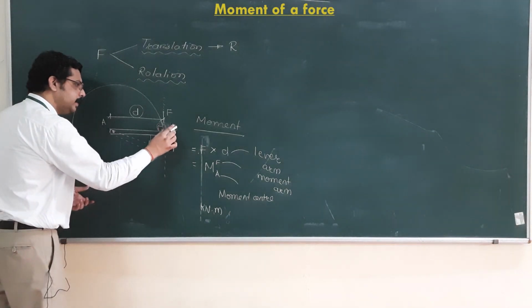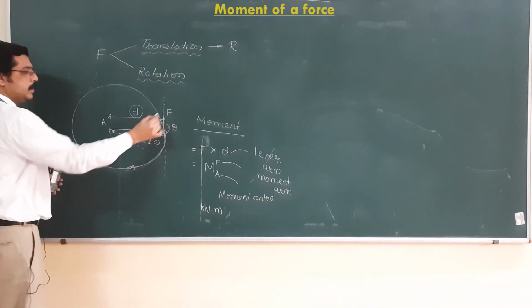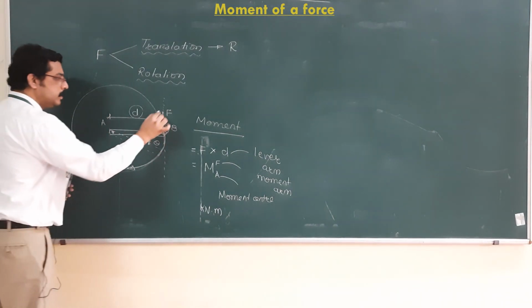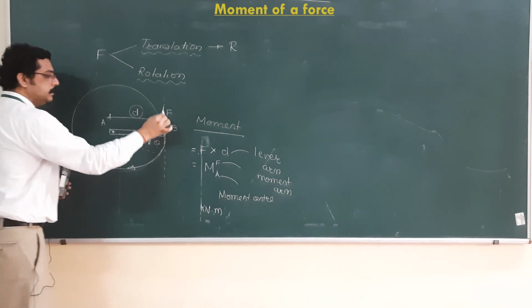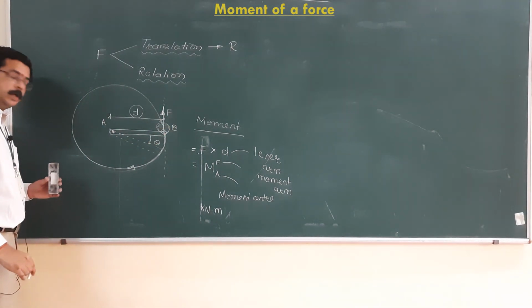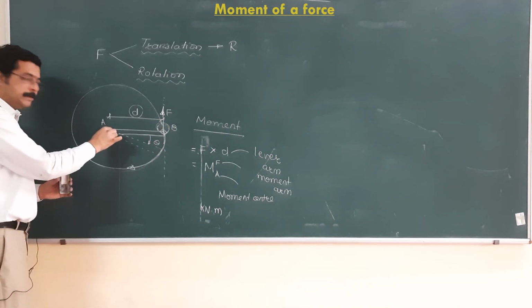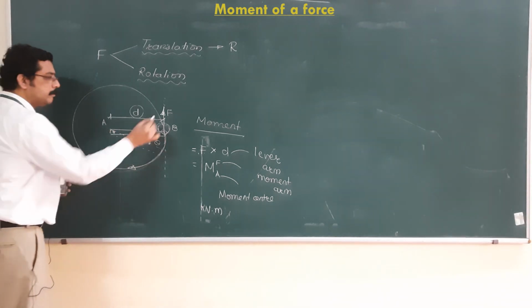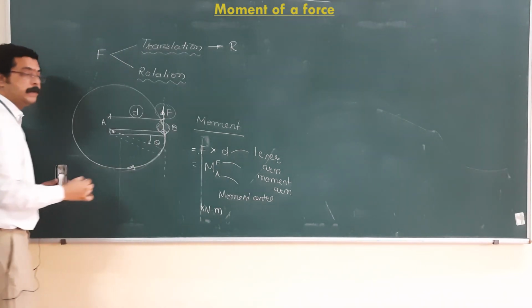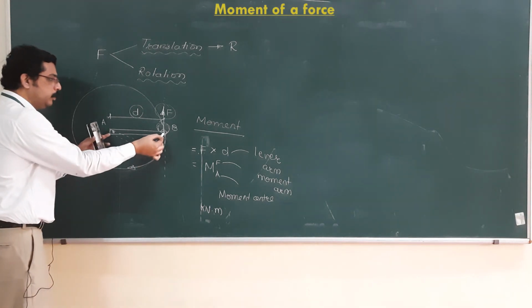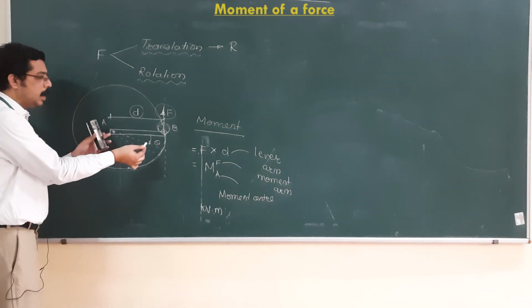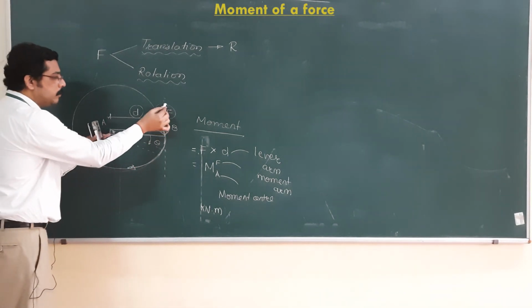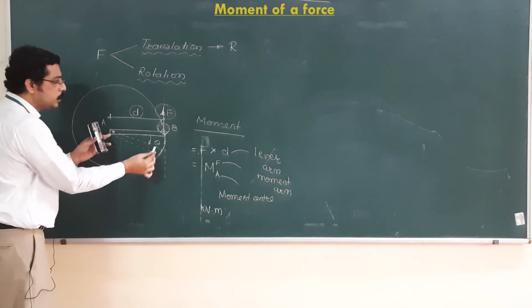Suppose I change the direction of the force. Instead of a vertically downward force, now the force is vertically upward. What will happen now? Moment center is the same, perpendicular distance is the same, but the direction of the force is made upward. Now I want to draw a circle. How can I draw it? I will observe the direction of the arrow. It is going up.